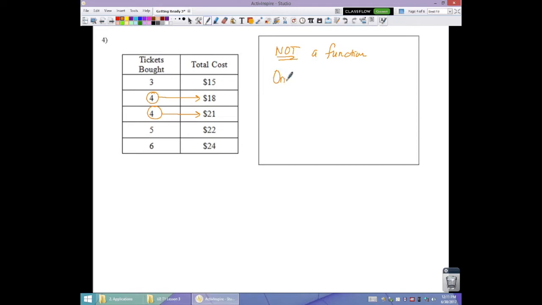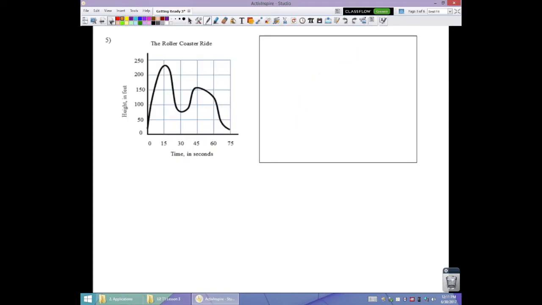And it's because one of the x values, in this case 4, is assigned to 2 different y values, in this case 18 and 21.